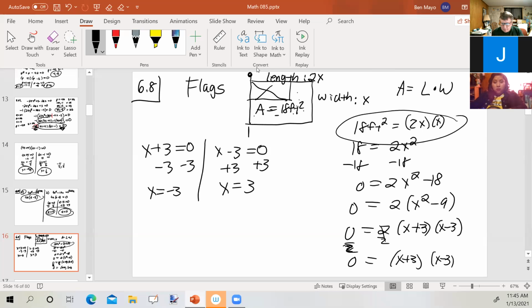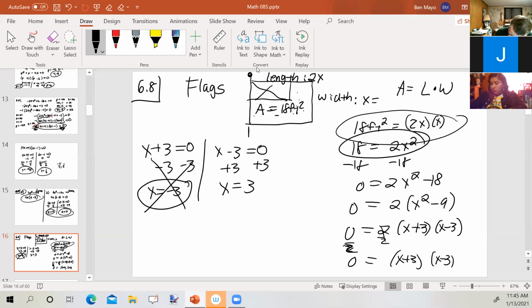However, length and width are both distances, and we can't have a distance that's negative. So even though this answer fits as a solution to this equation, it doesn't fit in terms of being a length or width for the flag. So x equals 3 is the only solution.